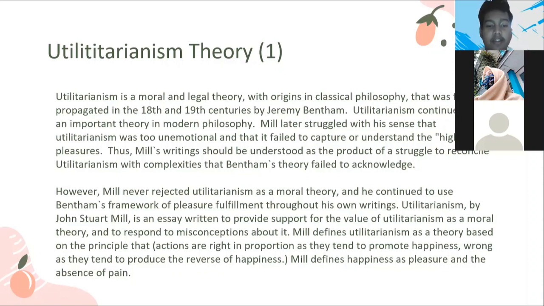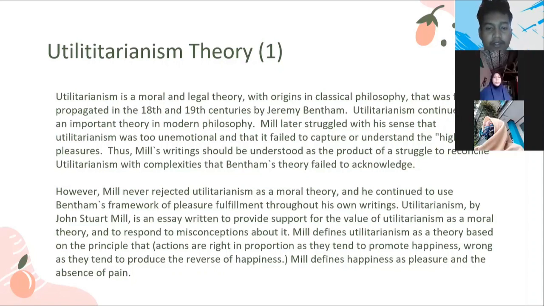Utilitarianism is a moral and legal theory with origins in classical philosophy that was famously propagated in the 18th and 19th centuries by Jeremy Bentham. Its general argument is that morality consists in bringing about the best state of affairs, and that the best state of affairs is the state with the greatest amount of happiness for the greatest number of people.